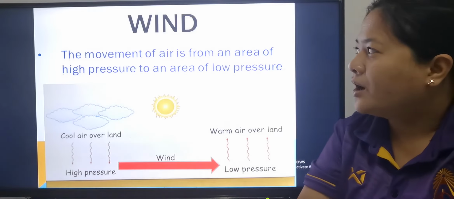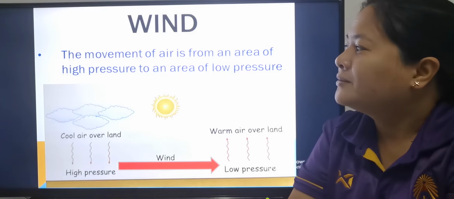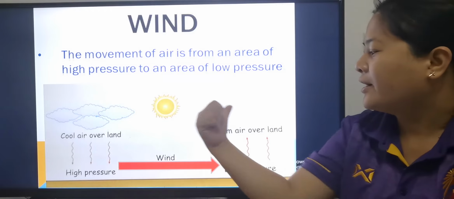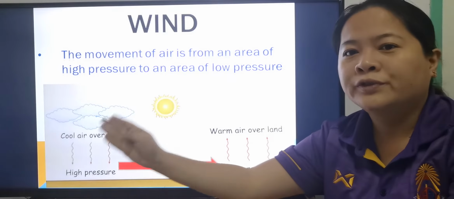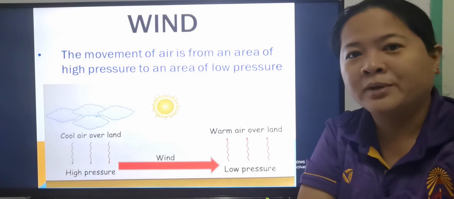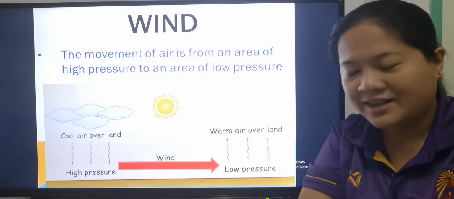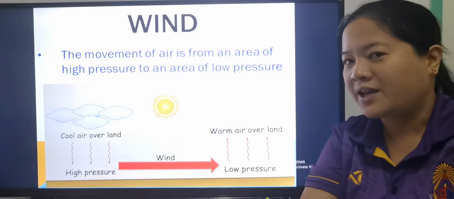And we also said that air moves from an area of high pressure to an area of low pressure. I hope you remember all of this. We already studied this last meeting and it's still important for our lesson today.